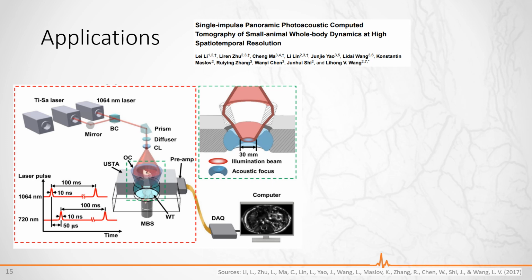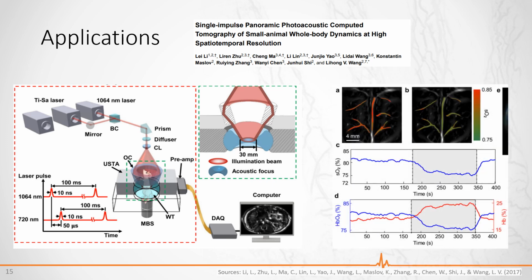The signal is then registered with a circular array of ultrasonic transducers that has an acoustic focus to the illuminated plane. They use two lasers with different wavelengths with a short delay such that they can detect blood oxygenation.